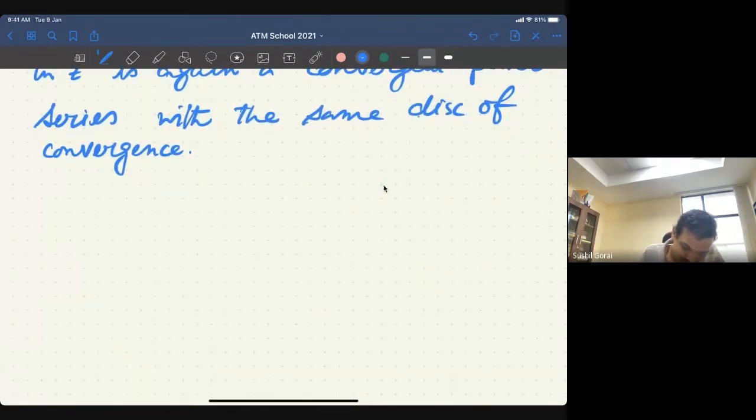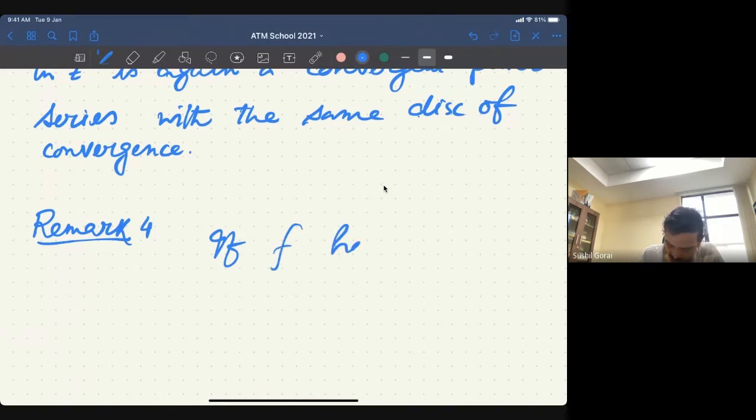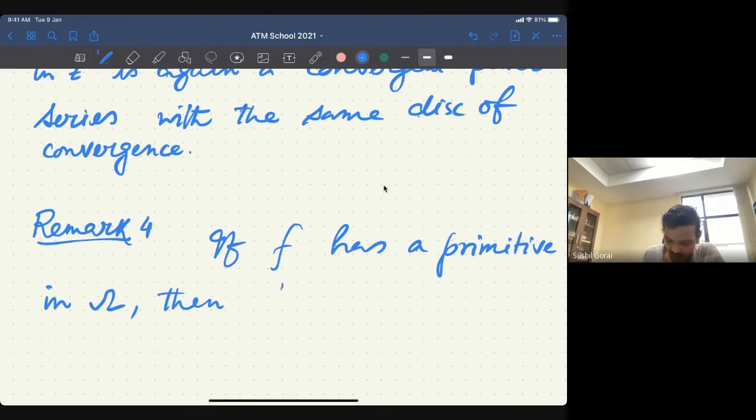So from remark 3 itself, here is remark 4: if f has a primitive in omega, then f is holomorphic in omega. So this follows by remark 3.